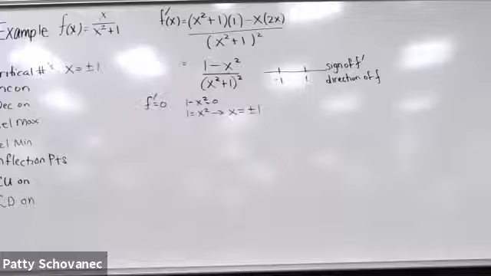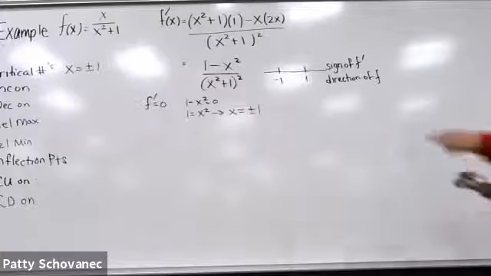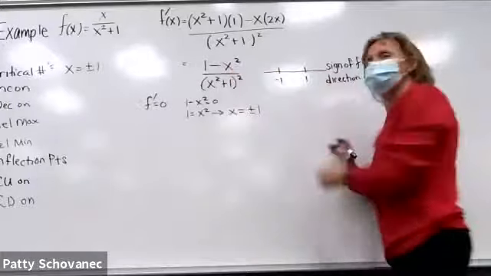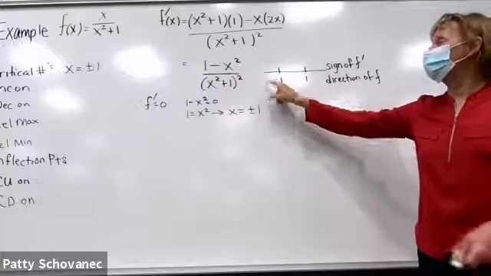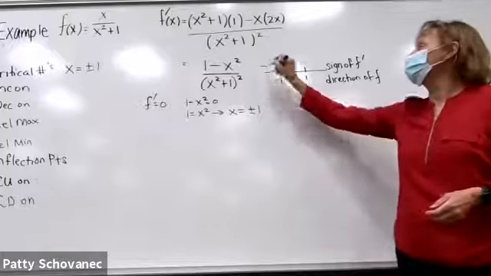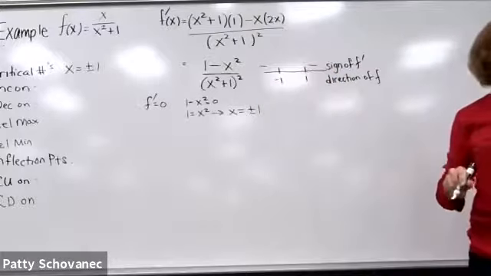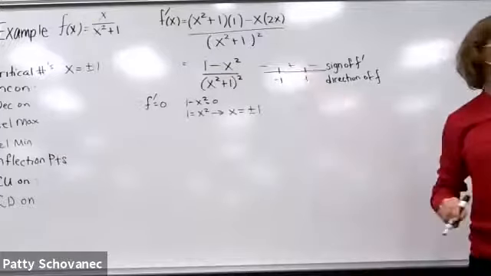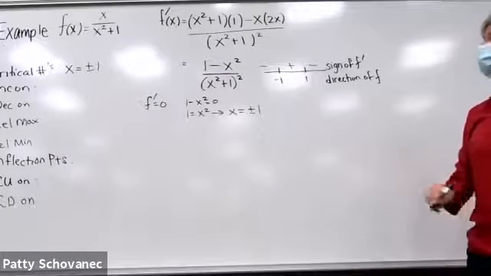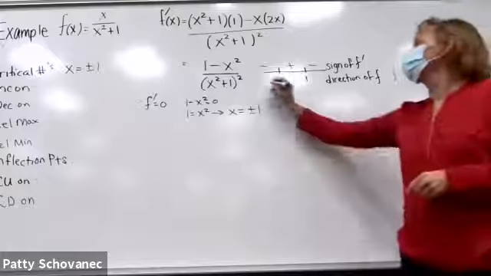That's not going to affect the sign. So really just plug numbers here and see what the numerator is. If x is negative 2, I have 1 minus 4, so that's negative. Same thing happens when x is positive 2. When x is 0, I get a positive in there. So my graph goes down, up, down.